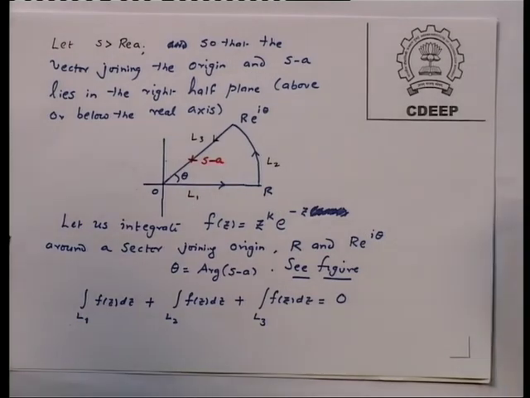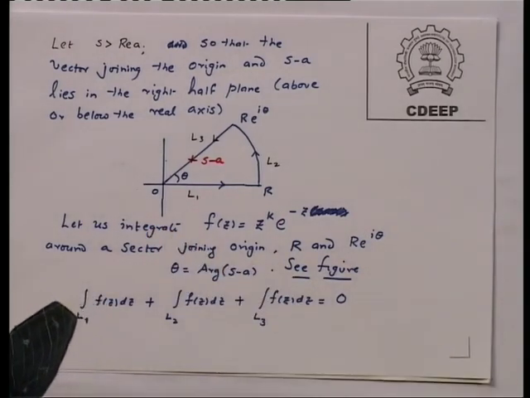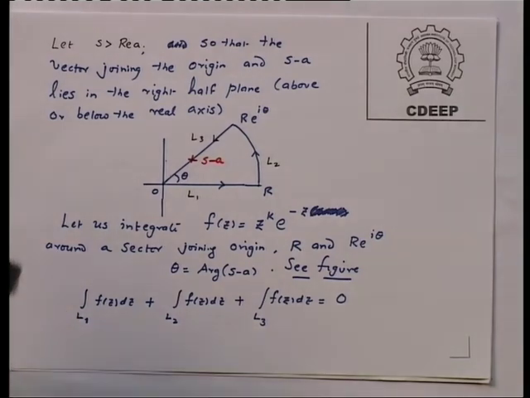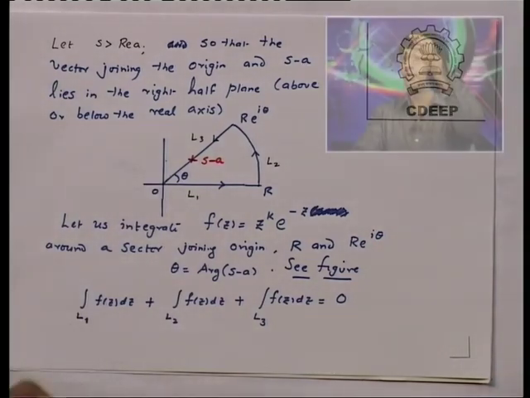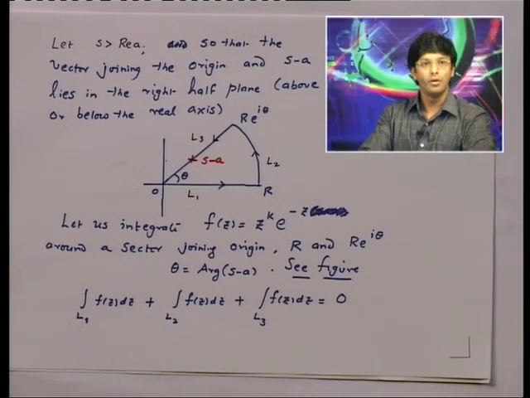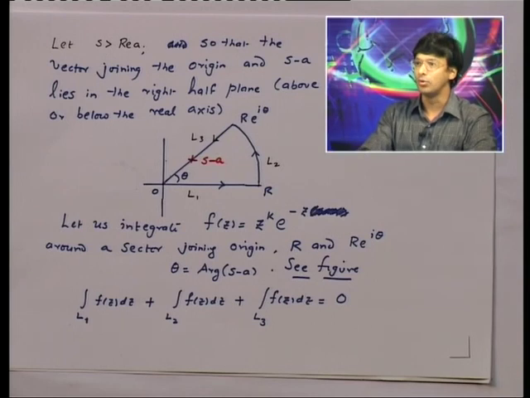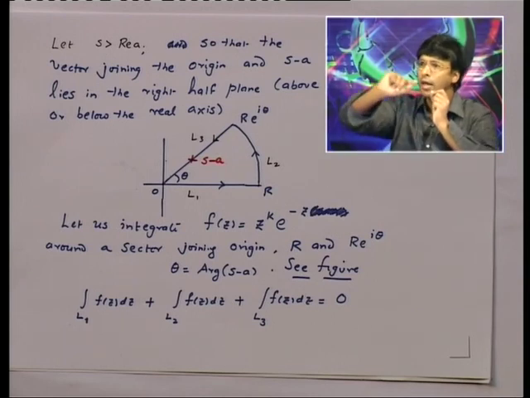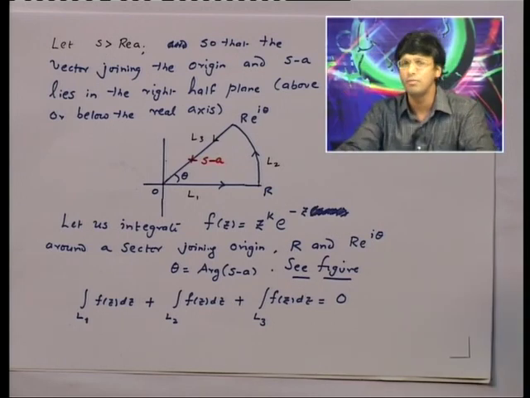Minus L3 you simply parameterize as t going to t into s minus a. You take a complex number and look at the multiples of the complex number, tz, where t is bigger than 0. What do you get? A ray passing through the point z, no?